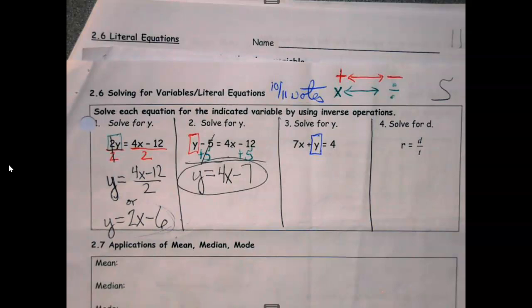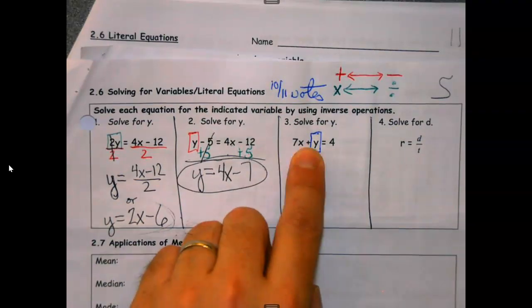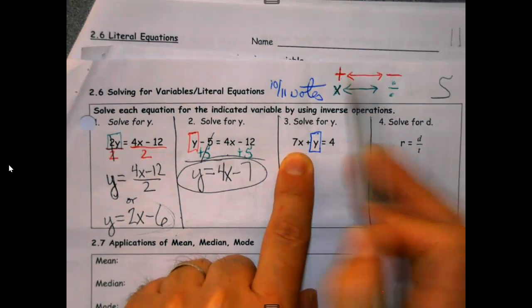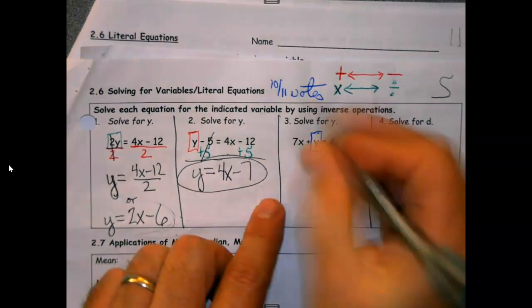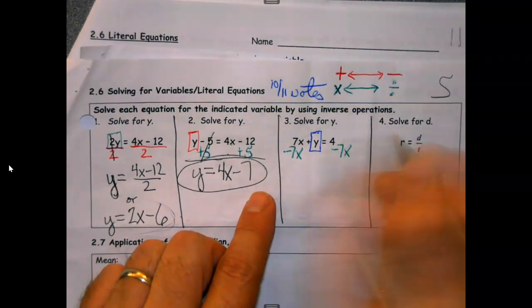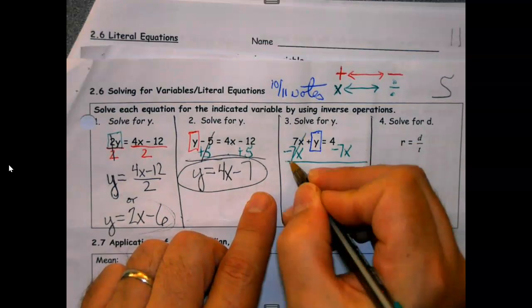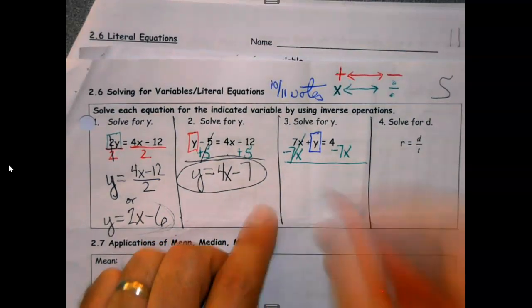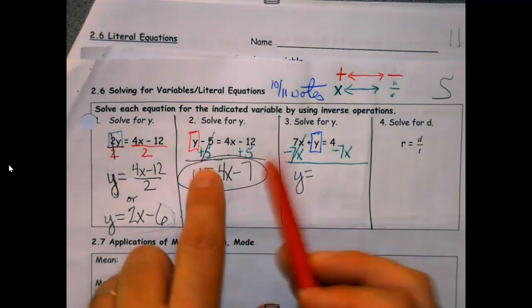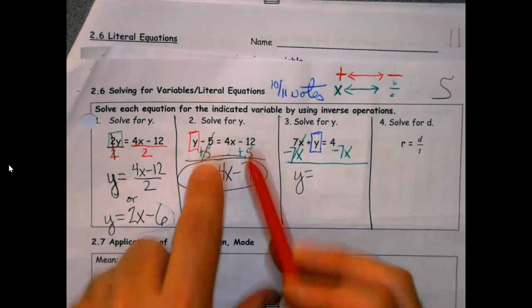So I look. I'm plussing 7x. Go to the opposite. Now here comes our new twist for this one. When we talked on number 2, we talked about how these are plain numbers.